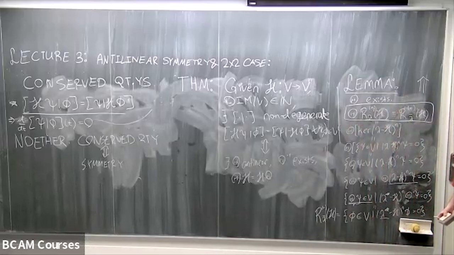Okay, so now let me see what the path of least resistance I found to the other direction was. For the other direction, the way I found is to use the Jordan decomposition of the matrix A, because I assume this thing is finite dimensional and has a Jordan decomposition.